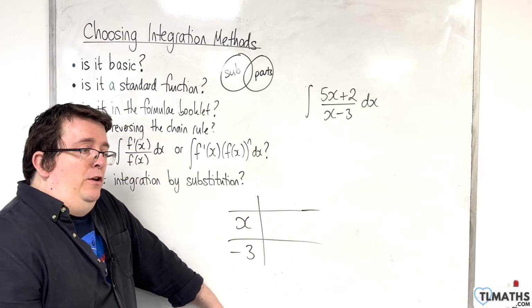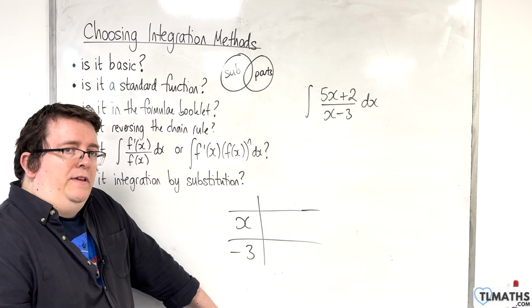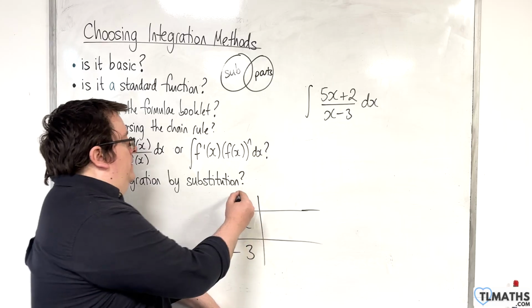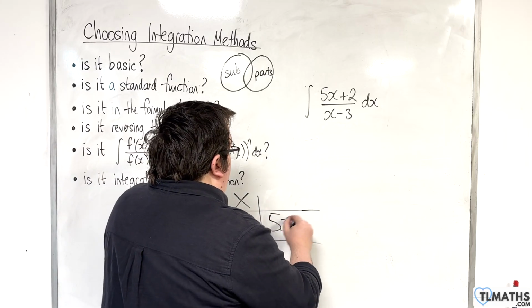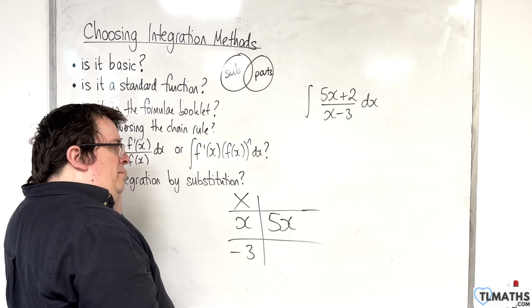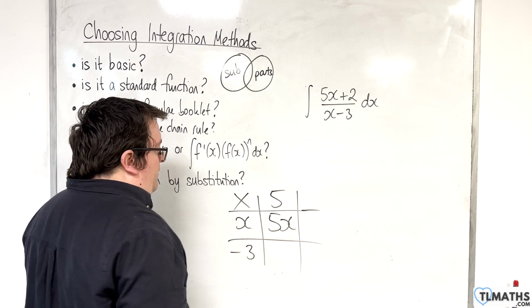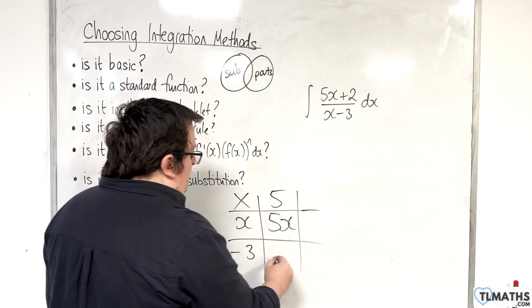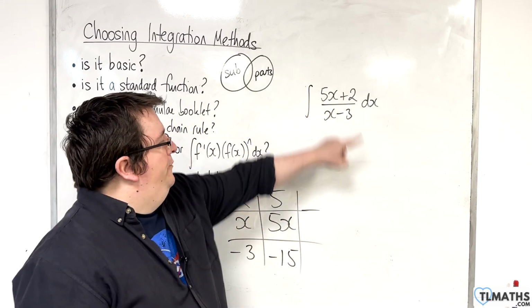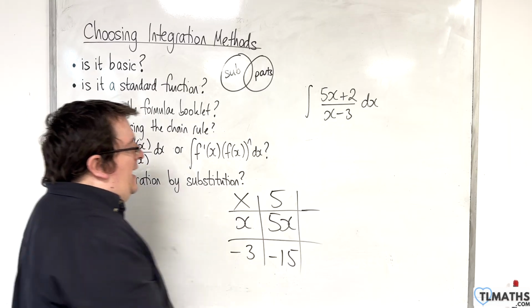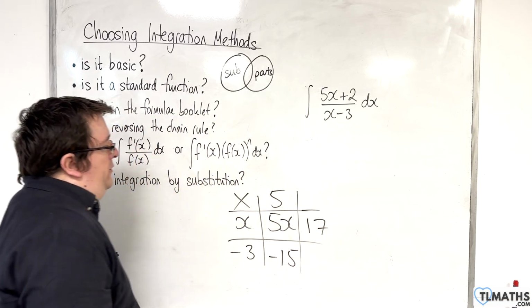Now, if you want to do this by long division, be my guest, but I've totally gone over to the grid method here for polynomial division. So we want 5x, don't we? Okay, so if this is a multiplication grid, then I'm going to have x times 5 to make the 5x. 5 times minus 3 is minus 15. But I don't want 5x take away 15, I want 5x plus 2. So I'm going to have to add 17 onto that, and that will get me the 5x plus 2.